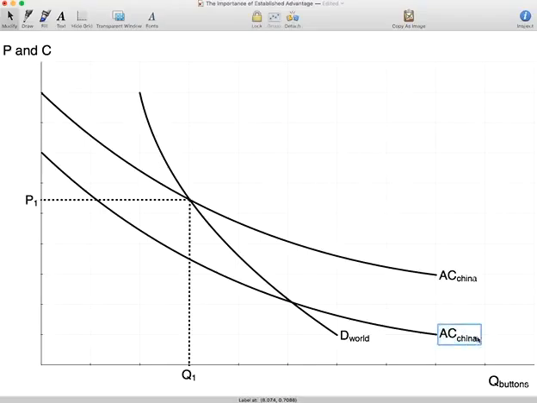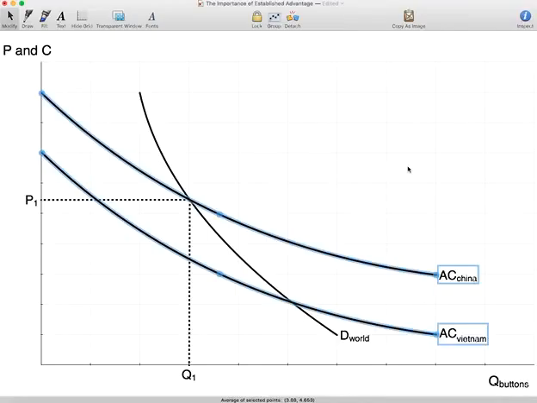I believe your book has it as Vietnam as the other country. So you can see here that the average cost of production in Vietnam is less than the average cost of production in China. So the Vietnamese are actually more efficient at producing buttons than the Chinese are.